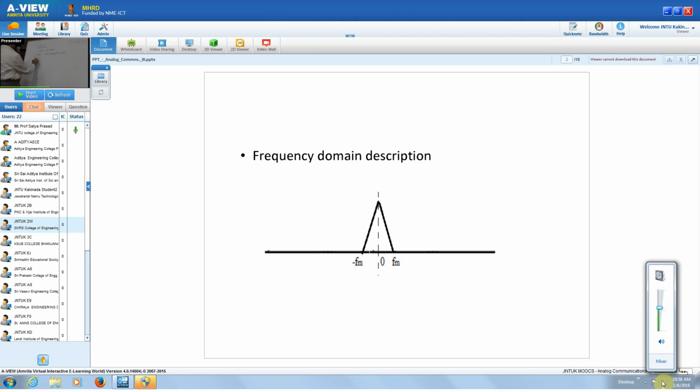Output of the low pass filter, because V naught of t, required baseband signal.